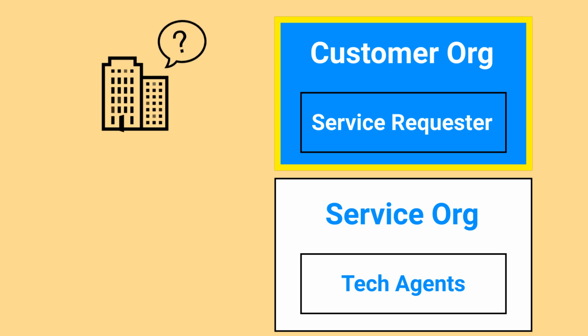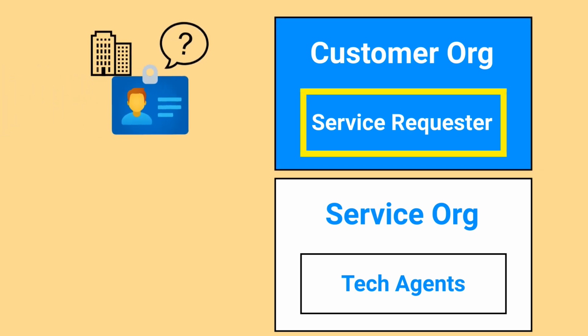Within ticket management, the customer organization initiates the process by submitting support requests or issues that need resolution. Their input is critical in defining the nature and urgency of a problem, ensuring that the service organization can efficiently address their IT-related needs. They may also be referred to as a client, user, or service requester organization.